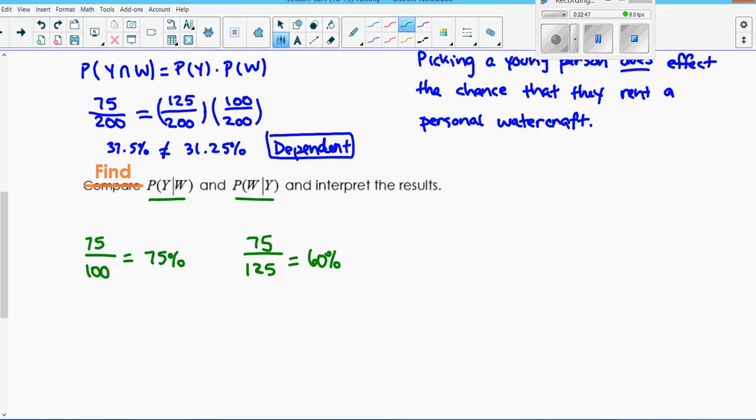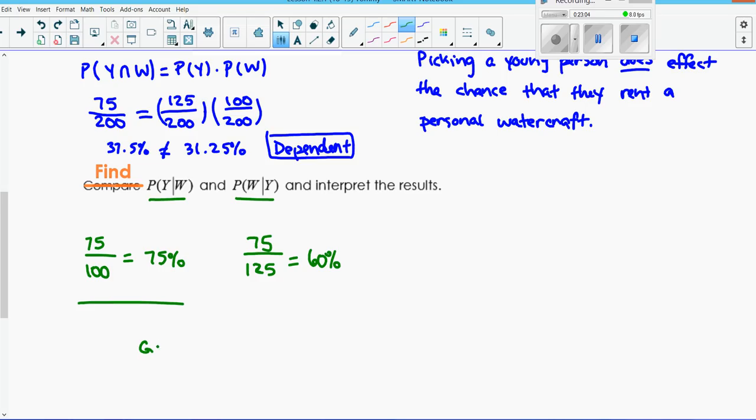And then when I interpret the results, just to make it easier on you, I'm always going to talk about which one is more likely, which would be this one, 75%. My sentence, just like before, needs to state what the conditions were.